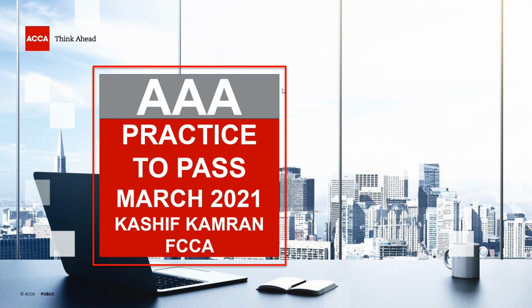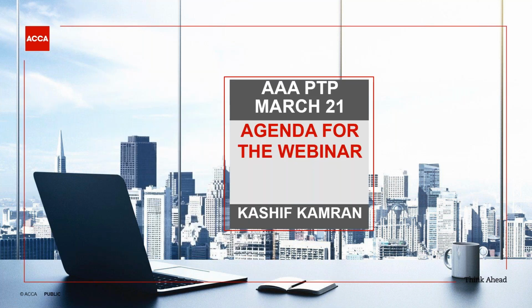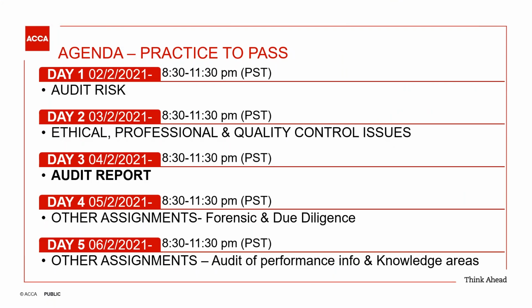Let's start with the proceedings of the final day, the fifth day. The agenda is to focus on other assignments. We were focusing on other assignments yesterday, even on day 4. We discussed due diligence and forensic yesterday, and I will be taking on another assignment today, which is the audit of performance information.